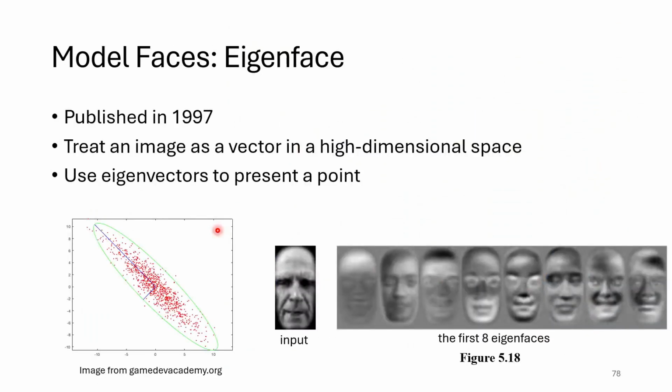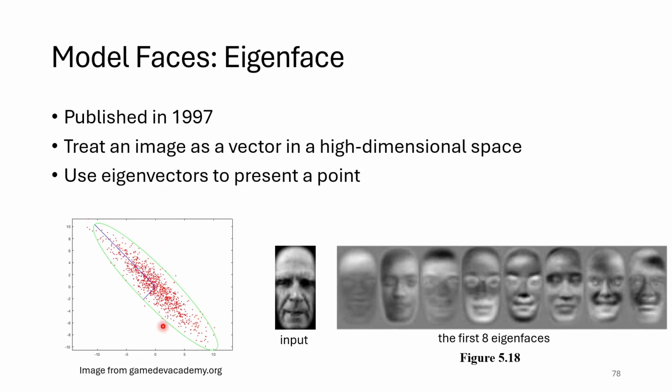If you want to model the face images in another way, okay, so this is the eigenface. Well, eigenface means given a set of training images, they treat every image as a vector. So this is a high-dimensional vector, like this one. This is an illustration for only 2 dimensions.